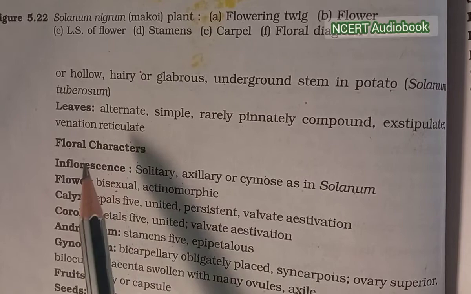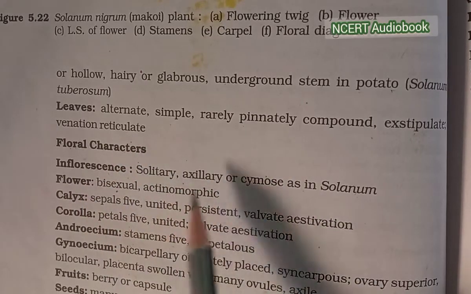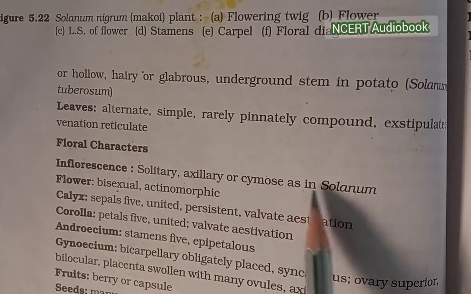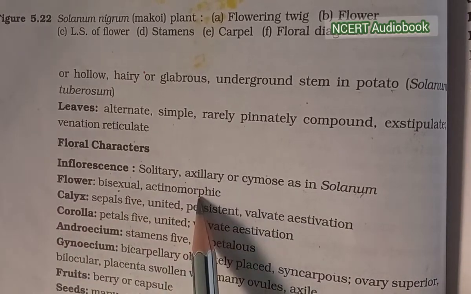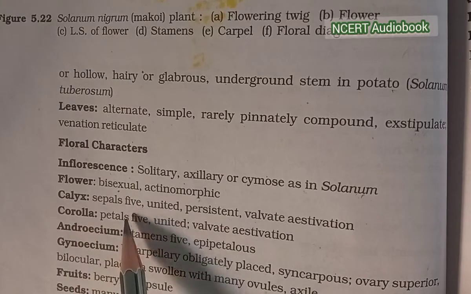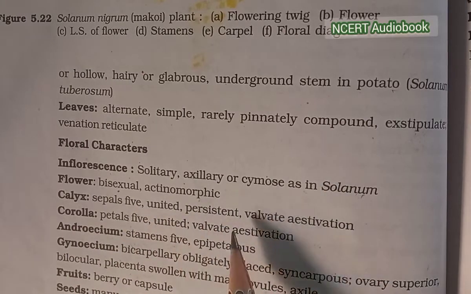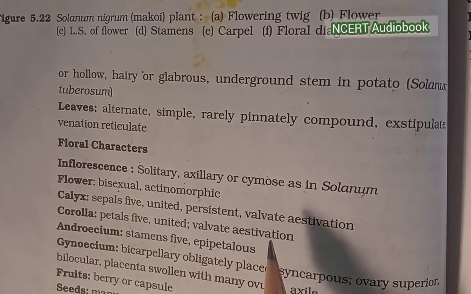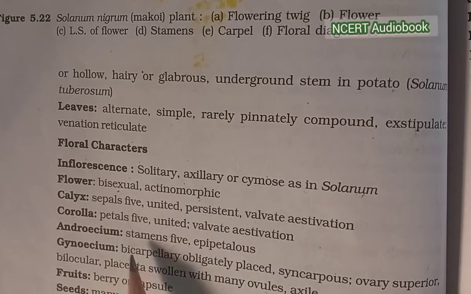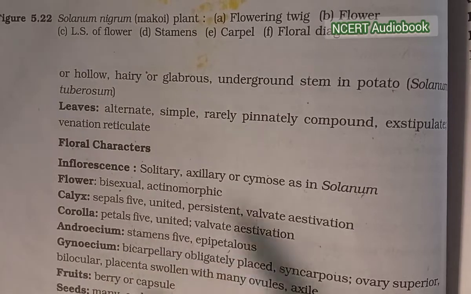Floral characters. Inflorescence solitary, axillary or cymose as in Solanum. Flower bisexual and actinomorphic. Calyx, sepals united, persistent, valvate aestivation. Corolla, petals 5, united and valvate aestivation. Androecium, stamens 5, epipetalous.